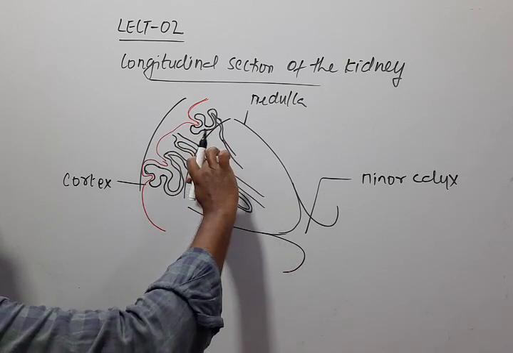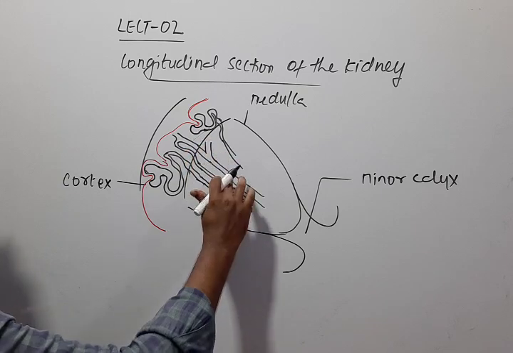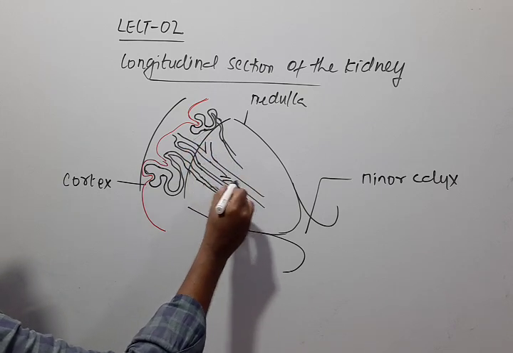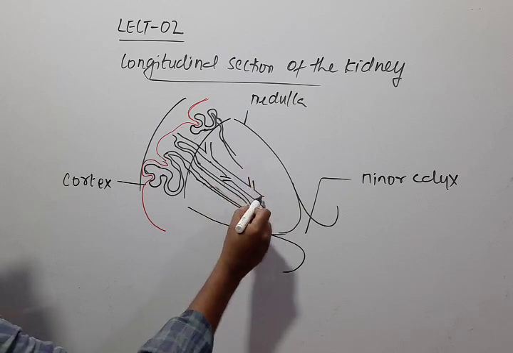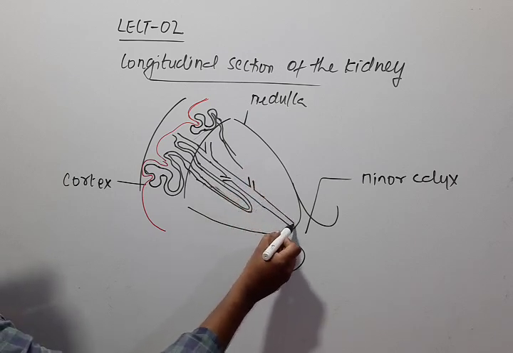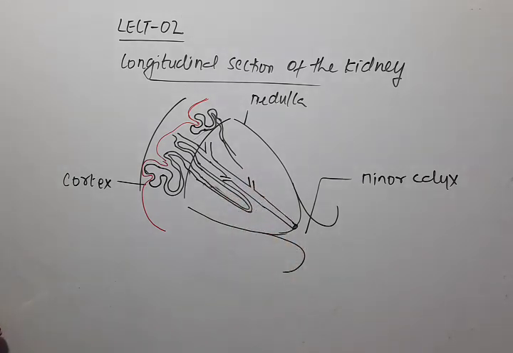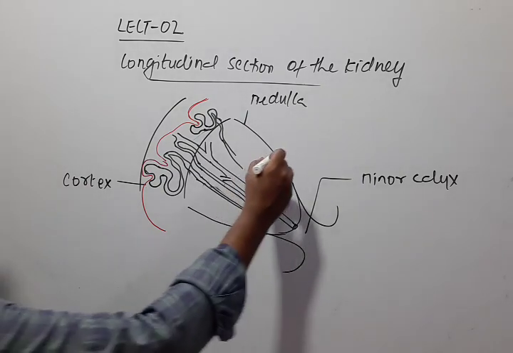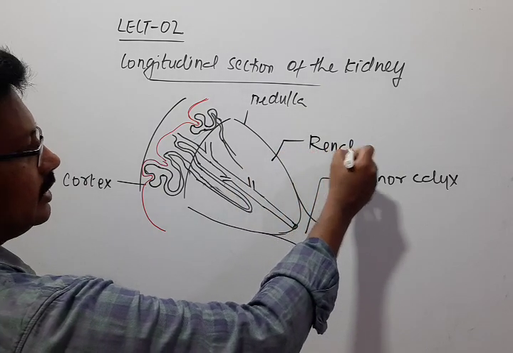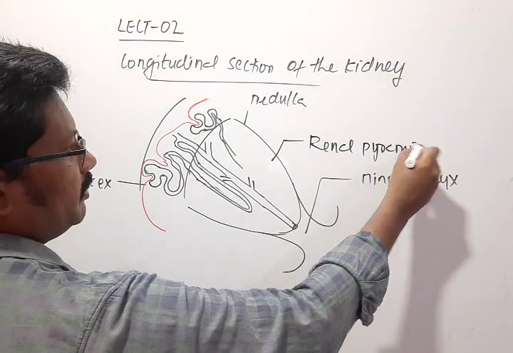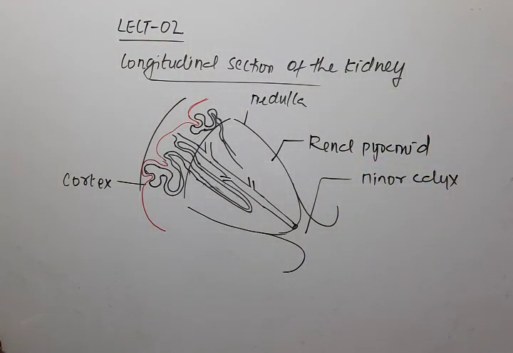So these collecting ducts will collect the urine from different nephrons, which finally opens at the tip of this renal pyramid. So this is the renal pyramid, okay, right?